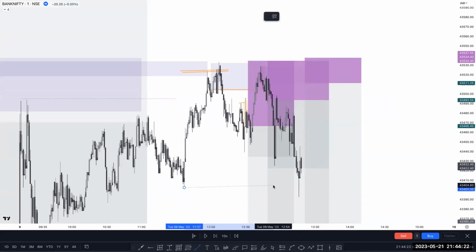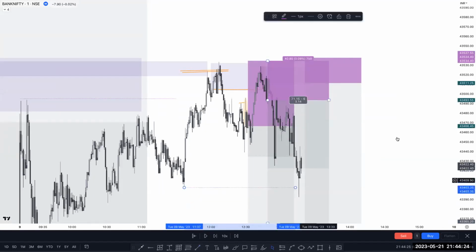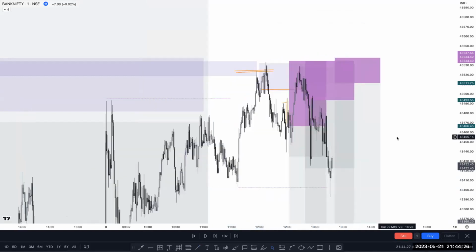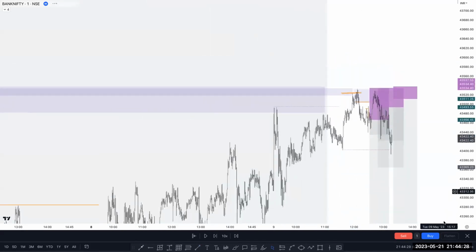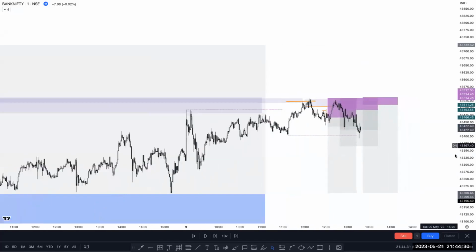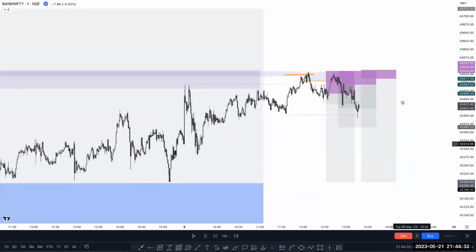This main low is broken here. You can take a small partial if you wish, and also you can put your stop loss on the break even point. So it's up to you.